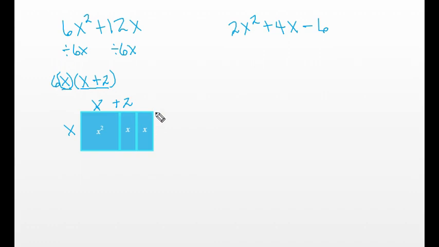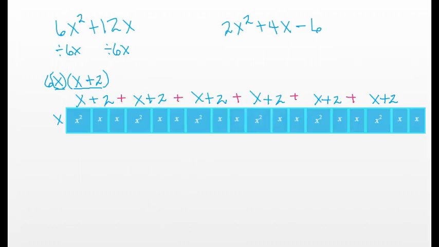So I'm going to duplicate this or multiply this by 6. I'm going to have 6 of these. And so here you can see now that I've put 6 groups of the x plus 2, and we've got 1, 2, 3, 4, 5, 6 x squares, and we've got 1, 2, 3, 4, 5, 6, 7, 8, 9, 10, 11, 12 x's. So we have 6 groups of x by x plus 2.